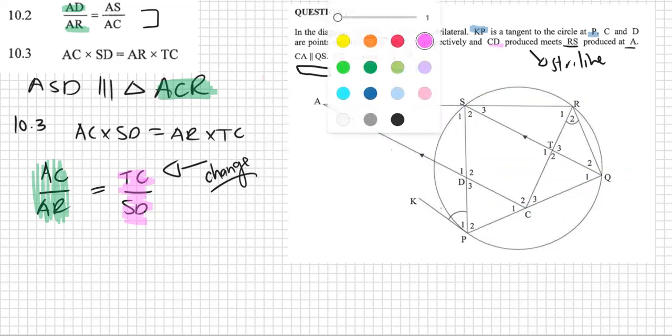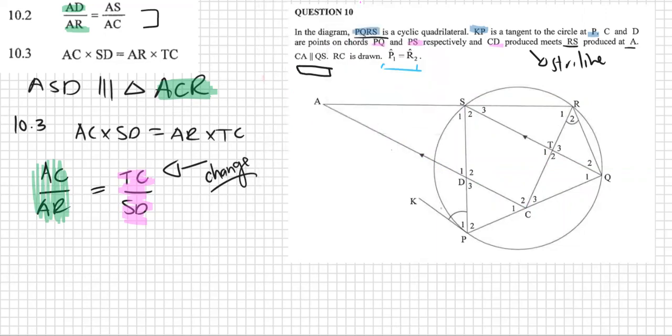Okay, let's take a look. AS is in proportion to AC from the previous question. So we can say AS over AC is equal to SD over CR.